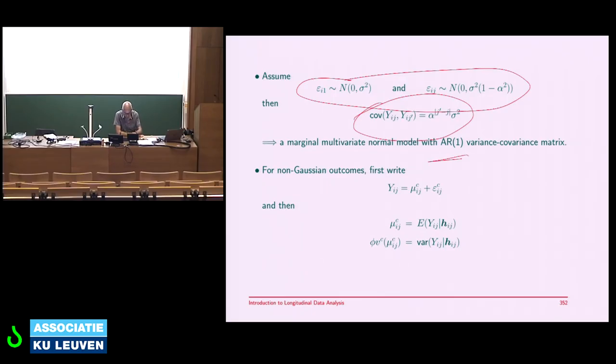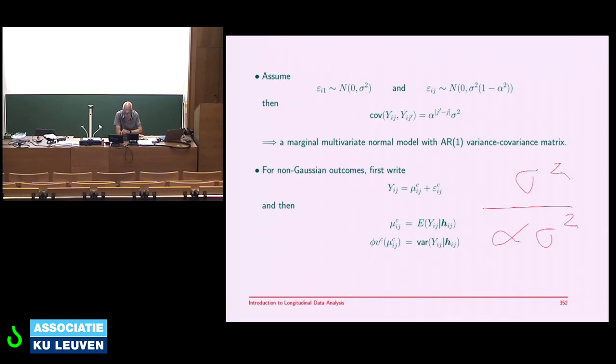In other words, if you have two measurements 0 time units apart at the same time, the covariance is sigma square, the correlation is 1 because it's the measurement correlating with itself. 1 time unit apart, you have alpha times sigma square. 2 time units apart, you have alpha square times sigma square, etc. So alpha is the base AR1 correlation.